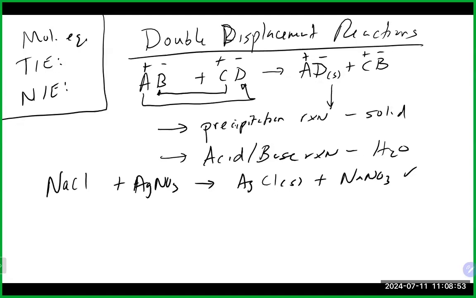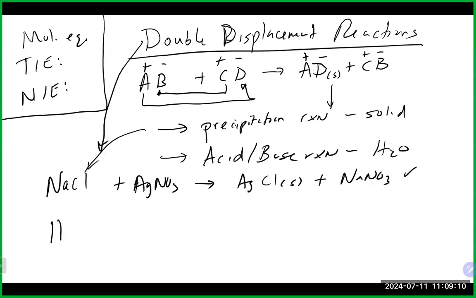This reaction can be classified as a double displacement reaction. This reaction could also be classified as a precipitation reaction. It would not be classified as an acid-base reaction because there's no water being formed in this case. So this is one of those two classifications.